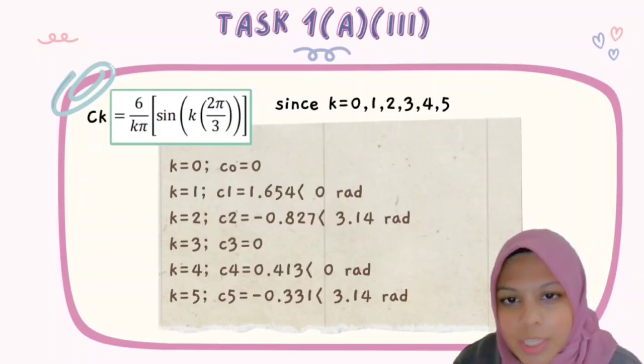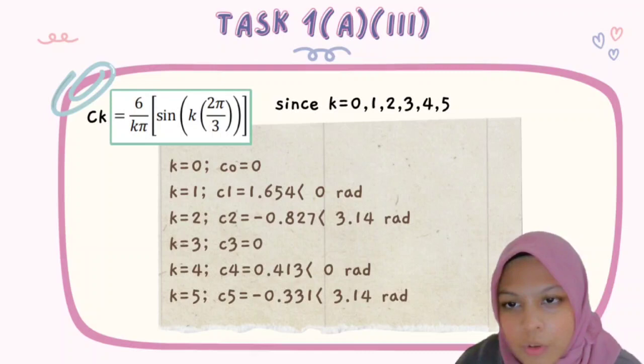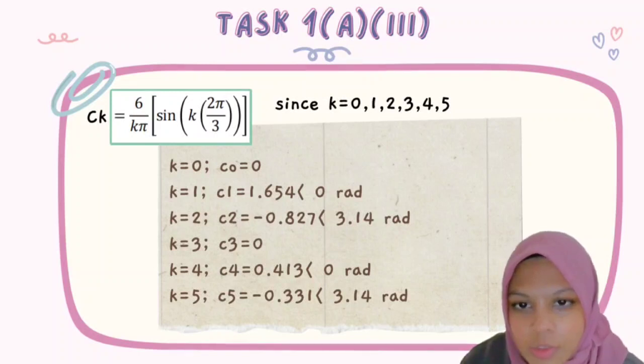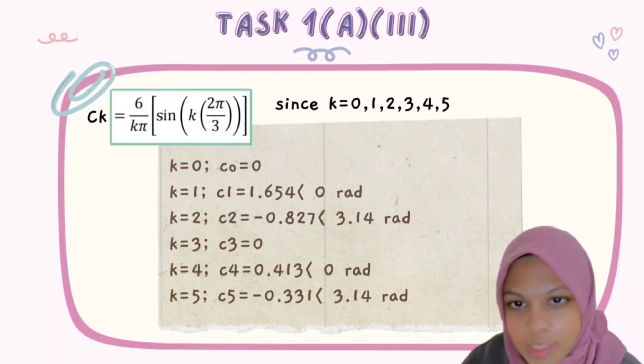So k takes the values 0, 1, 2, 3, 4 and 5. After we substitute the different k, we get different answers. For k equal to 0, we get C0 equal to 0. For k equal to 1, we get C1 equals 1.654 and angle 0 radian.